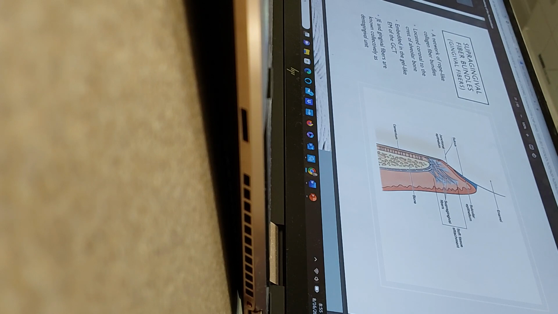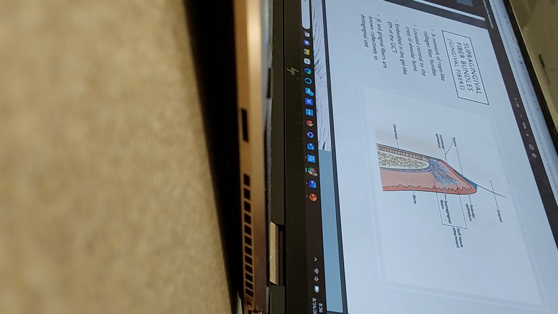They are embedded in the gel-like extracellular matrix of the gingival connective tissue. The junctional epithelium and gingival fibers are known collectively as the dentogingival unit. So here's all these supragingival fiber bundles that are providing structure, attachment and fibrous strength to the gingiva.